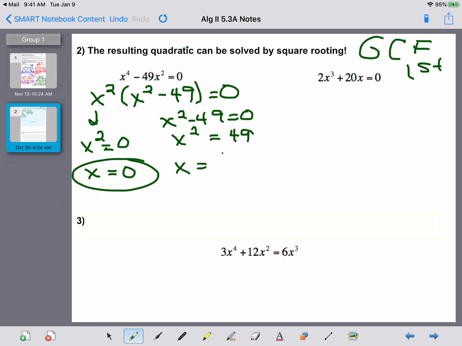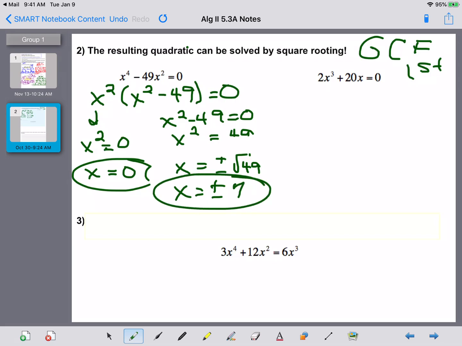So I get x equals plus and minus the square root of 49. And the square root of 49 is 7, so I guess I could simplify that even further. We'll just say x equals plus minus 7. All right.